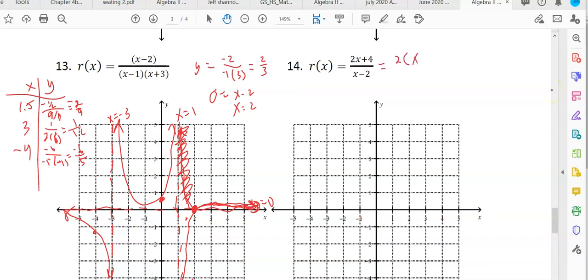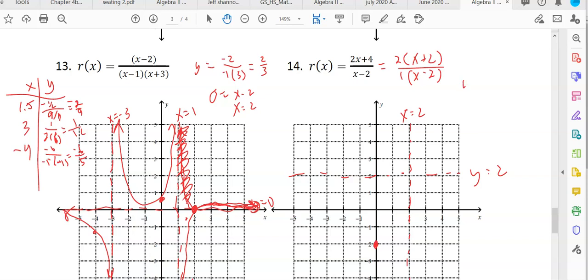So I see some. I don't know if that'll help. Okay, so vertical asymptote at x equals 2. Horizontal asymptote, same degree, so 2 over 1, so 2. Y equals 2, I should say. Y-intercept would be at 4 over -2, which is -2 is the y-intercept.